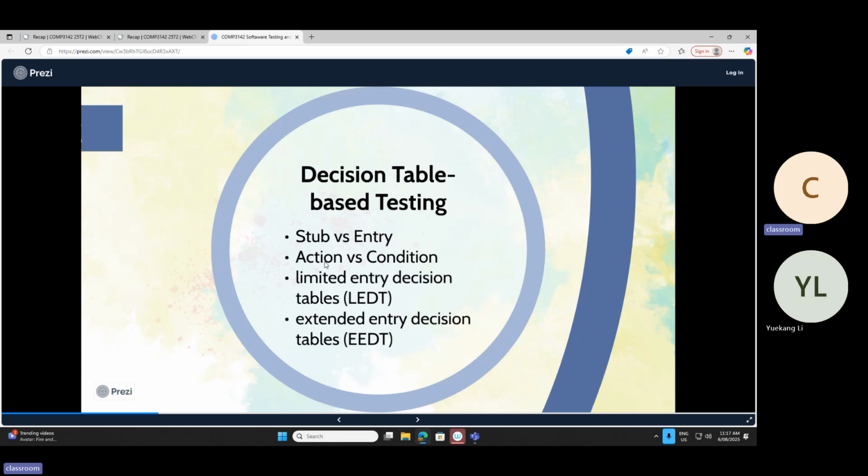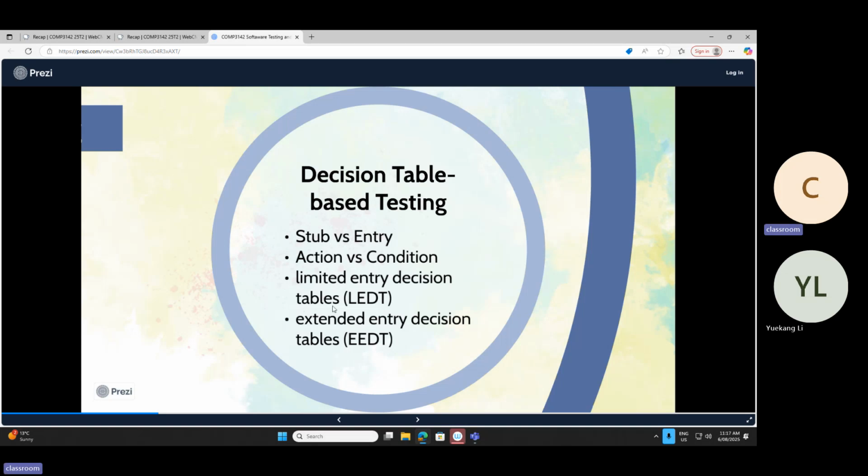And we do have limited entry decision tables and extended entry decision tables. Do you still remember their differences? Like what's the difference between limited and extended? So limited entry decision tables means that each one of the conditions there could either be true or false.